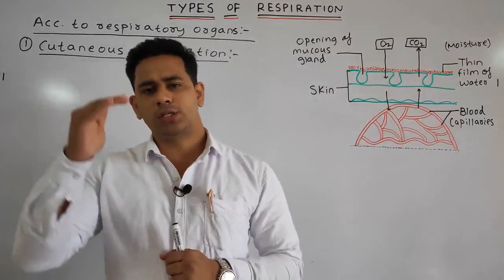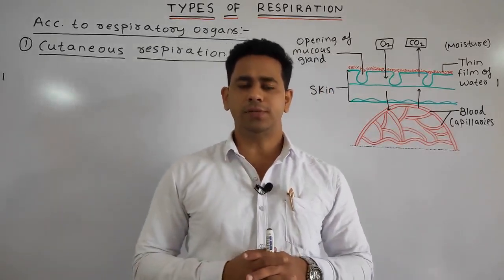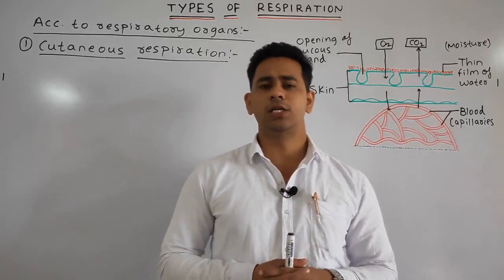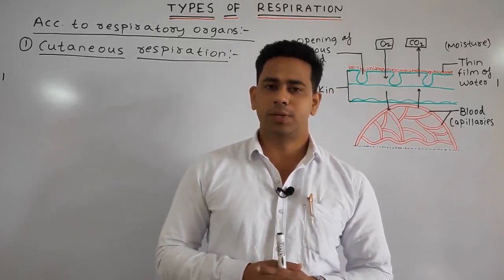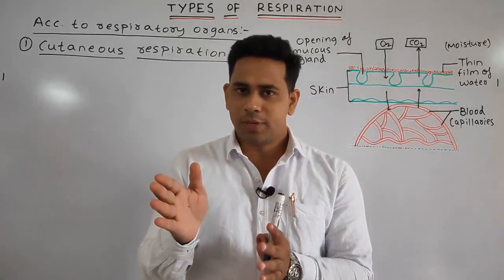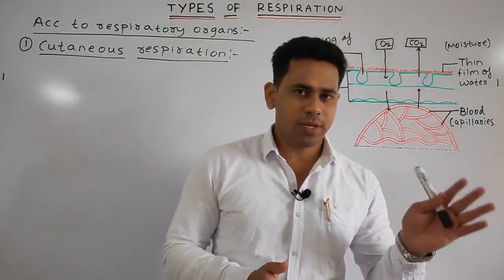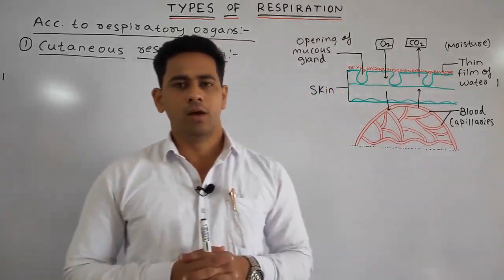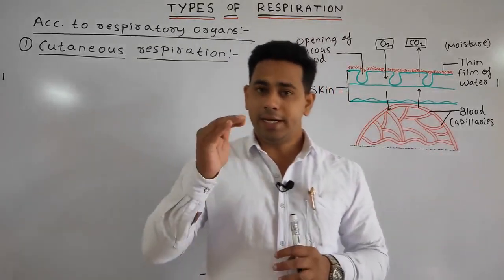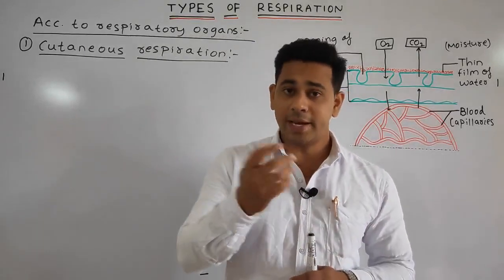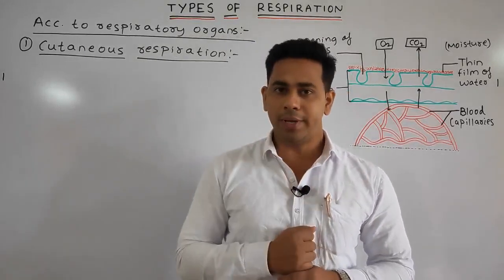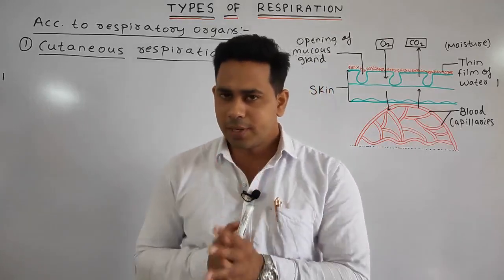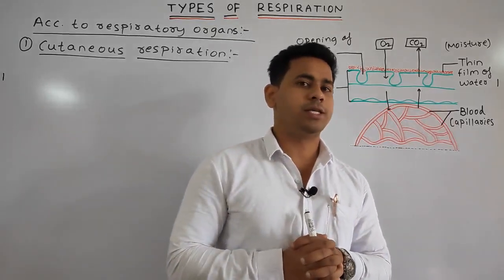Further, we discussed many points under aerobic respiration. For your extra knowledge, we discussed that aerobic respiration is of two types, direct aerobic respiration and indirect aerobic respiration. Then we discussed details about anaerobic respiration, which is also known as the fermentation process.